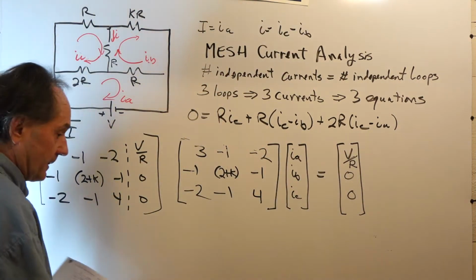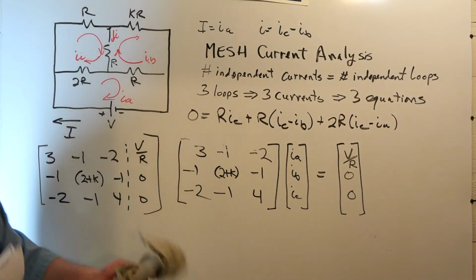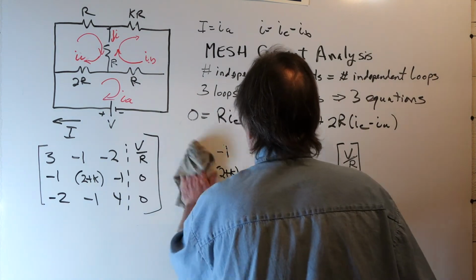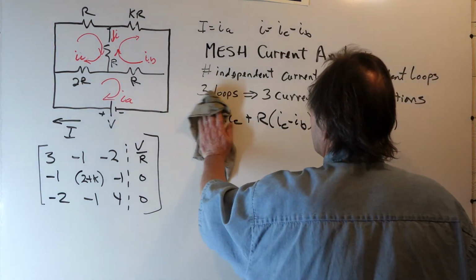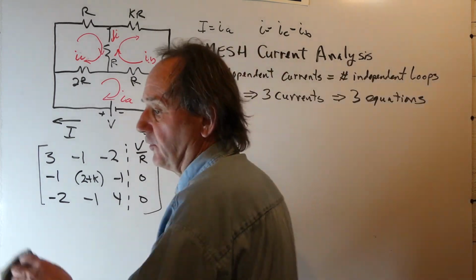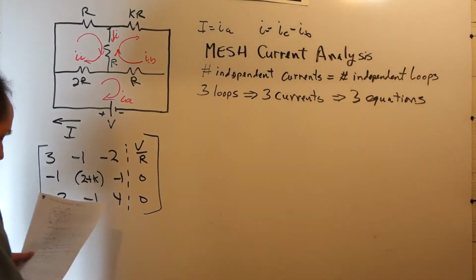Now, this can be solved. I'm just going to get rid of this here. I'm just going to outline it. I'm not going to go through it. You can go through it yourself.